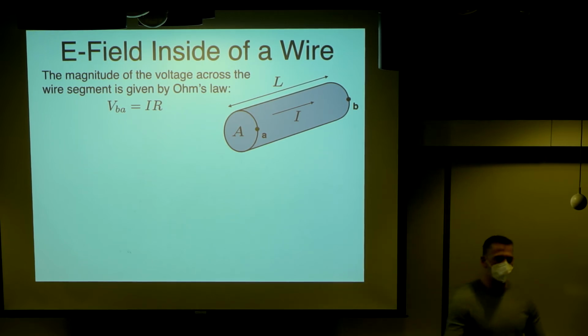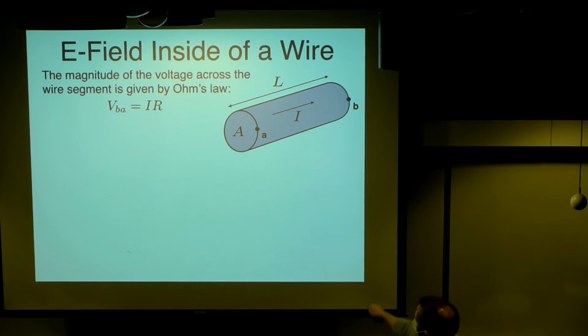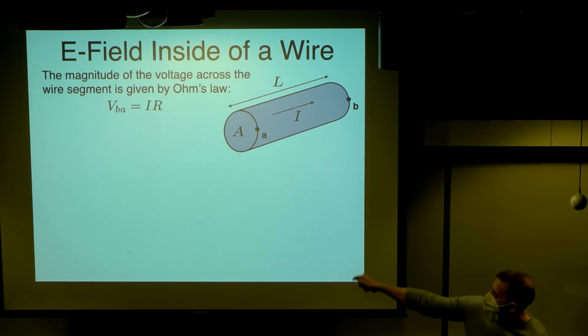So here's the picture you should have in mind. We have some kind of segment of wire. Just imagine it's like a cylindrical segment of wire with some current flowing through it. Let's label the length of this segment of wire L, and the cross-sectional area of this wire A. Okay?